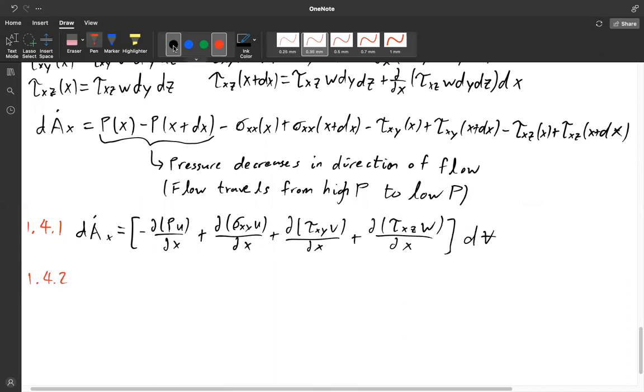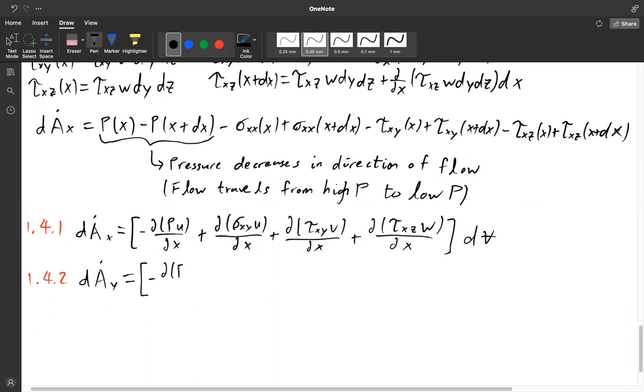1.4.2 we'll have dA dot y, and if we apply the same approach as we did for the x direction, we'll get the following.